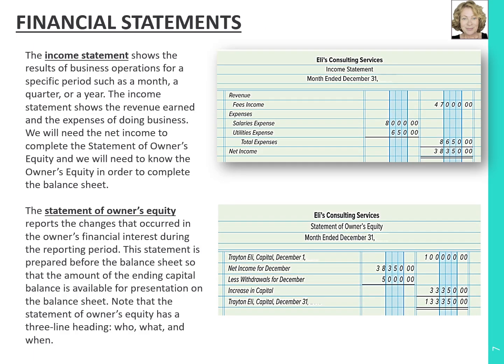The next step after we finished analyzing our business transactions is to prepare a standard set of financial statements. Preparing financial statements is one of the accountant's most important jobs. Each day, millions of business decisions are made based on the information in financial statements, and countless investors rely on the financial statements of publicly traded companies.